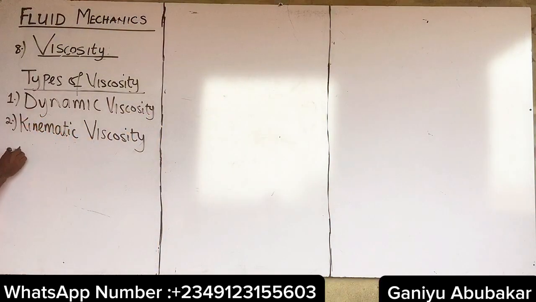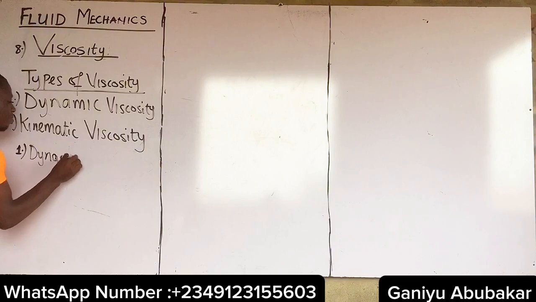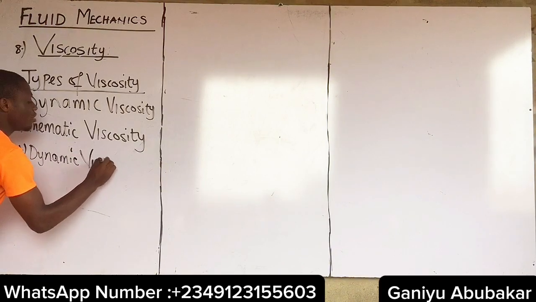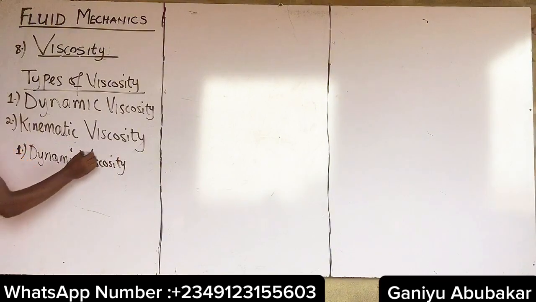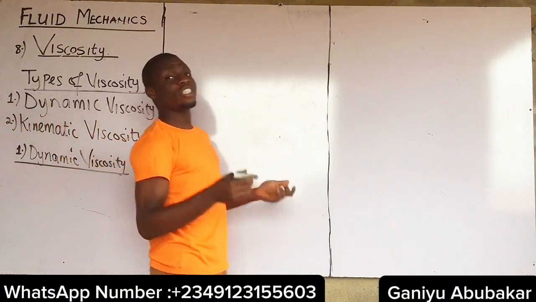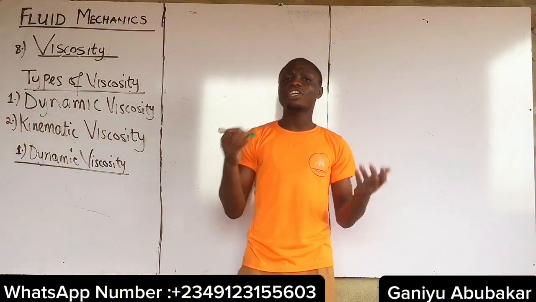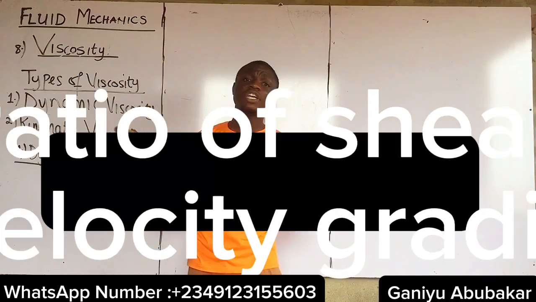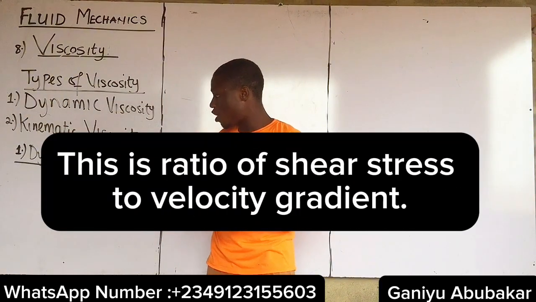Let's discuss the first one, called dynamic viscosity. By definition, dynamic viscosity can be defined as the ratio of the shear stress to the velocity gradient.